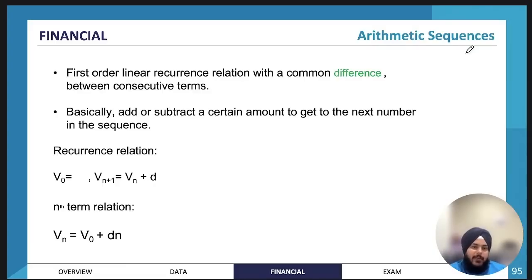So there is an addition or subtraction of a certain number to get to the next number, and this is what the recurrence relationship will look like. We have an initial condition, and remember, recurrence relationships allow you to find a particular value given the initial condition and a certain value in between.